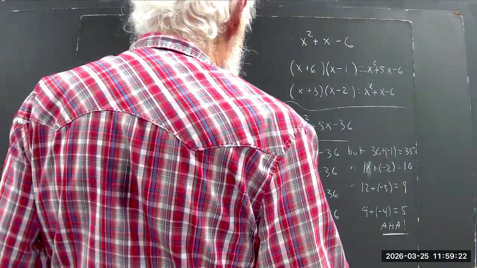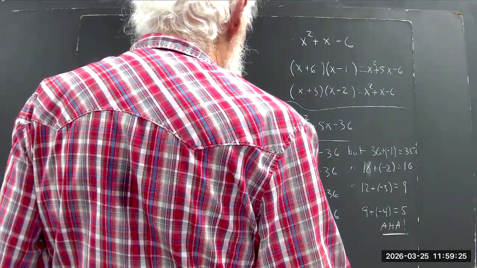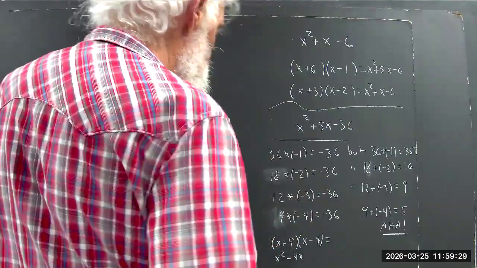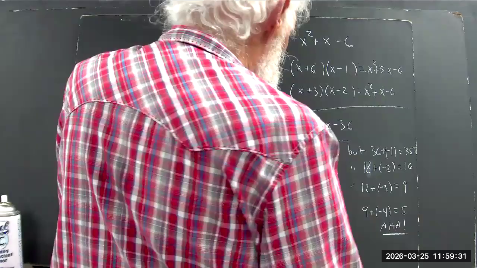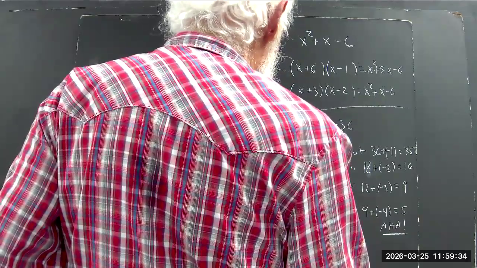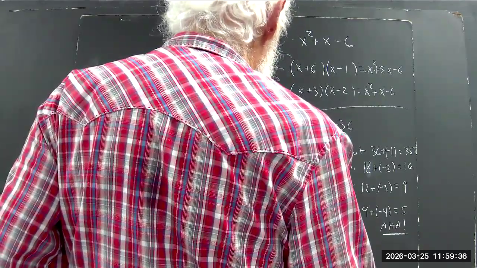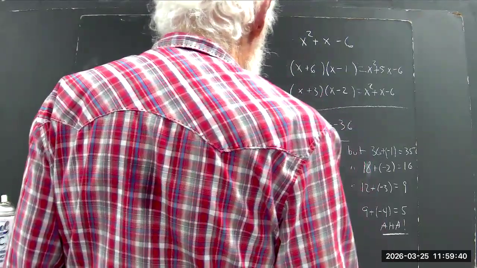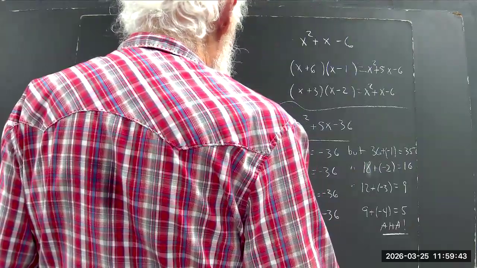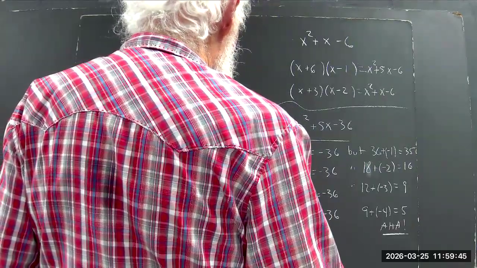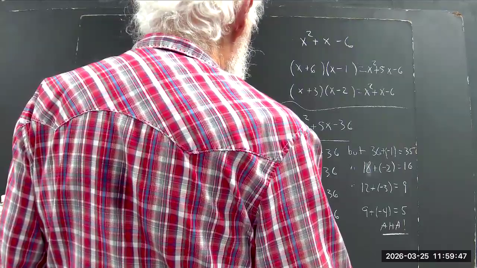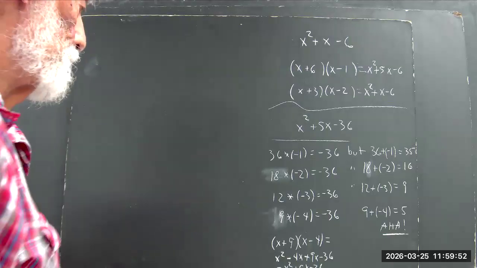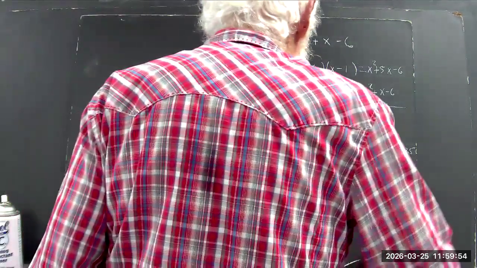If I do x squared minus 4x, multiply the x by the x and the minus 4, and then the 9 by the x minus 4 gives us 9x minus 36, and that, of course, equals x squared plus 5x minus 36. And then we'll put a big check mark next to that.